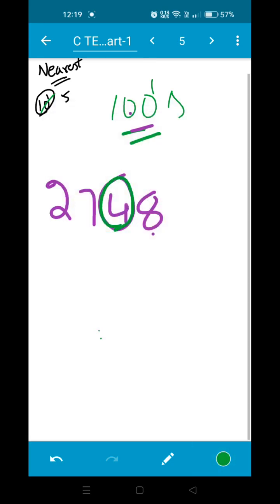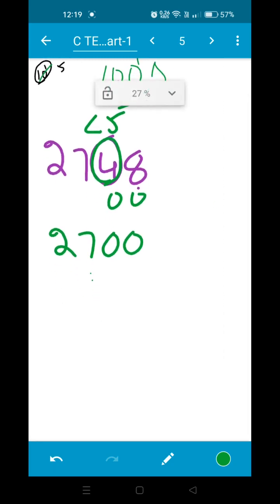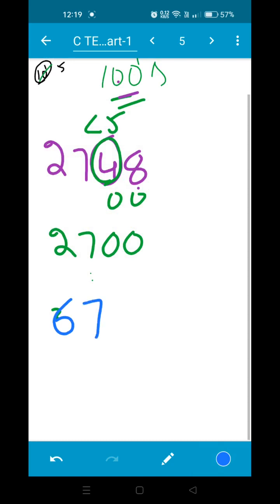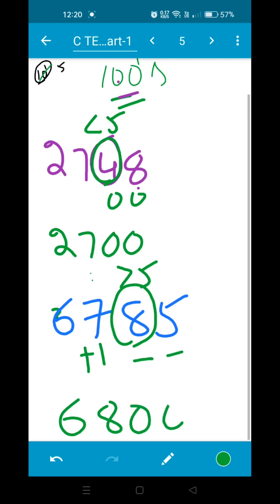The tens place is less than 5, so there you need to keep 0. So 2700. If it is greater than 5, another example, 6785. The tens digit is greater than 5, so for the before digit we add plus 1 and the remaining are zeros. So 6800. For 6785, the nearest 100 is 6800. Okay, so this is nearest 100.